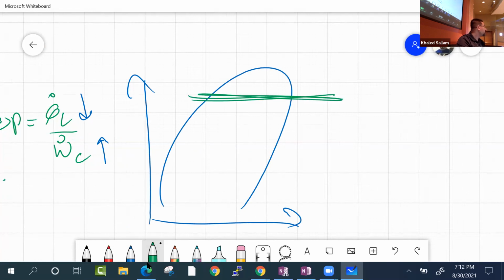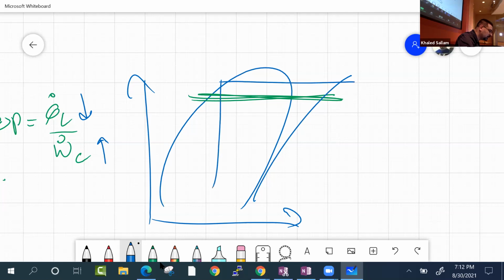Reheat? You are on the right path, but remember in the power cycle, we went halfway and then we went up again. So what do you want to do in this cycle here that's going like this and going like this?